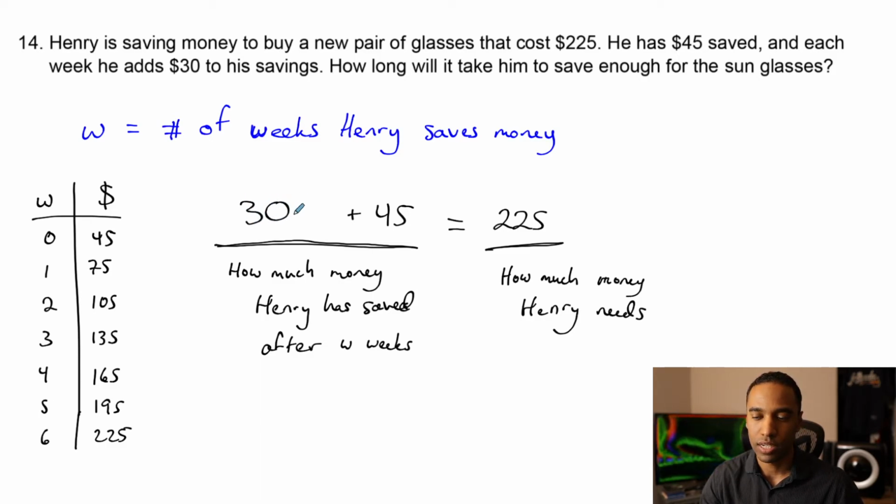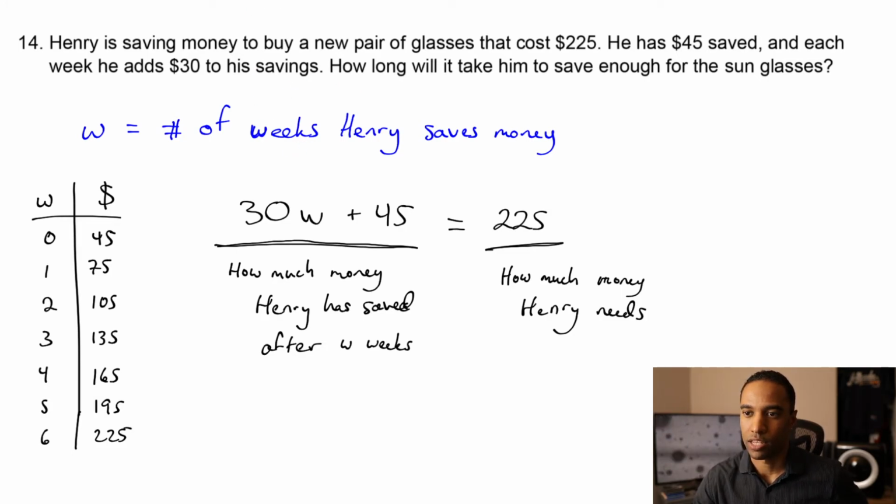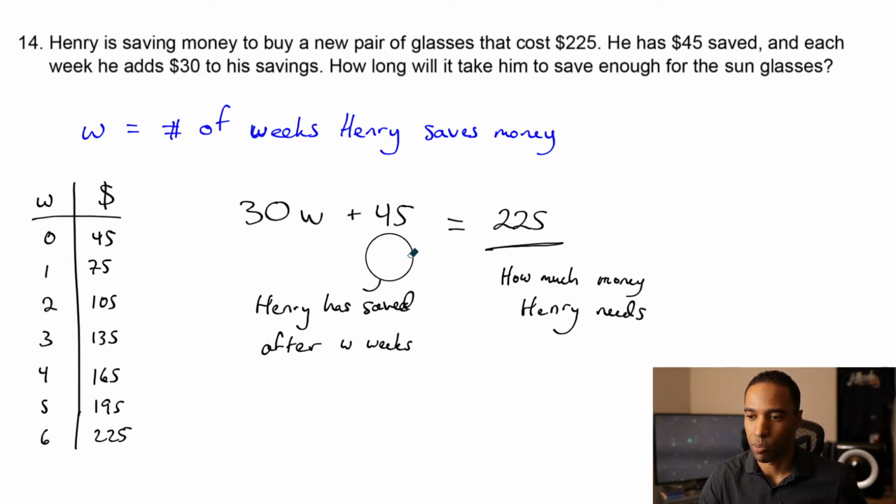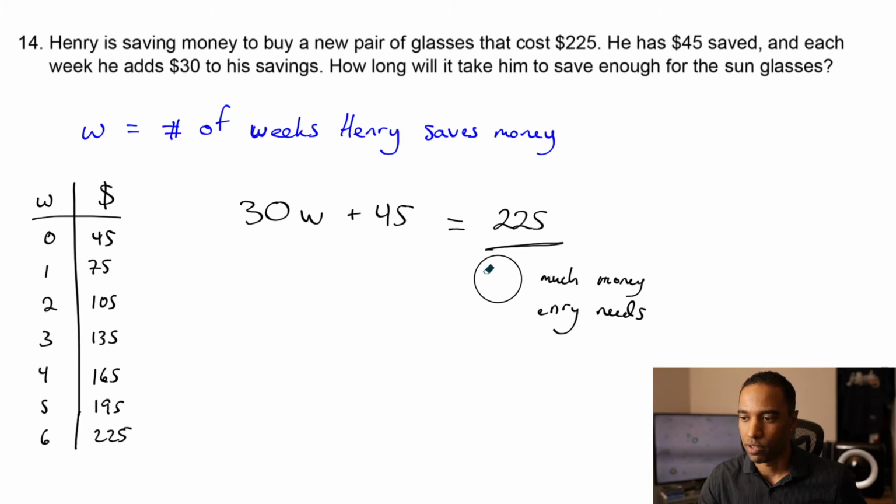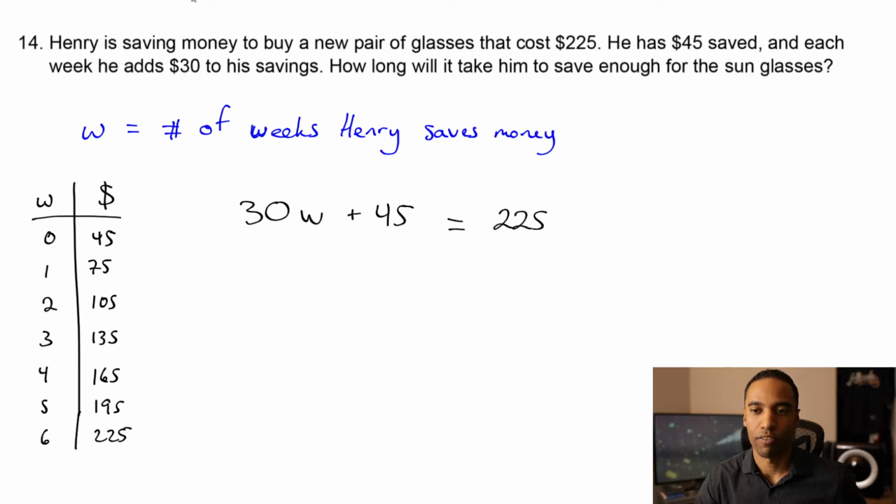You take $30 per week times the number of weeks Henry's saving money, and this is going to give you how much money he's adding to the 45 that he already has. So this is your equation right here that we're going to use to solve for W. So I'm going to go and erase what's underneath here. You can go back to it if you need it, or pause the video. I'm going to subtract 45 from both sides here, minus 45.